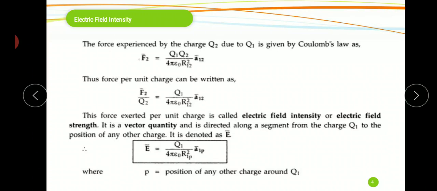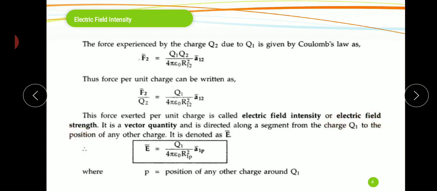so F2 bar by Q2 is equal to Q1 by 4 pi epsilon naught R square, A bar 12. So here it is force per unit charge. This force exerted per unit charge is called electric field intensity or electric field strength.